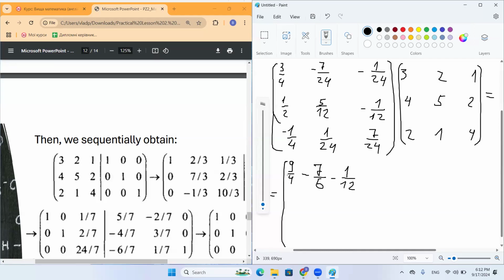14/12, and here, by the way, 27/12 minus 10/12. Okay, so everything seems to be okay or not.